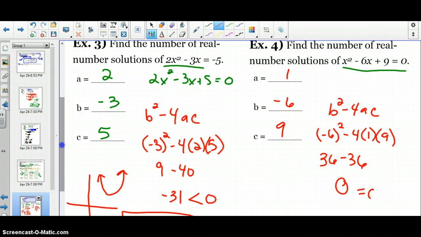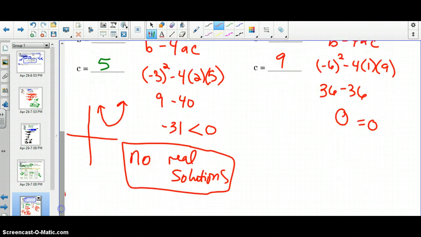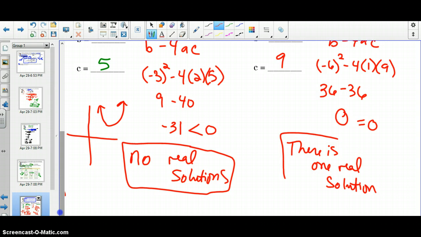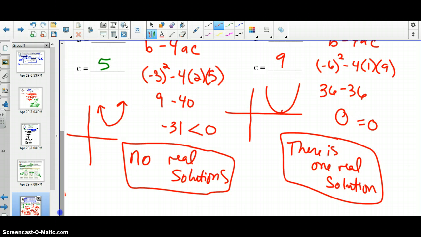If your discriminant is 0, then there is only one real solution. And if you want to visualize what's happening here, your graph is just hitting the x-axis at one point and then going off. Okay, we'll do more practice tomorrow.